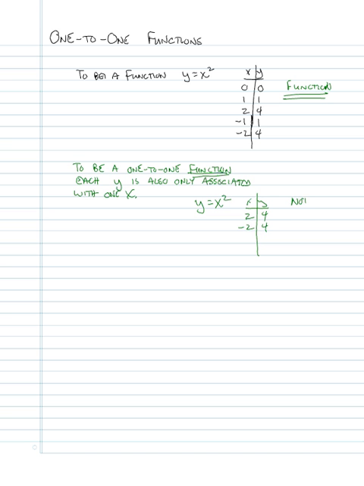This is not one-to-one. Now, why would this not have an inverse? Why is there no inverse? Because remember, only one-to-one functions can have inverses, and this function is not one-to-one. Why is there not an inverse?